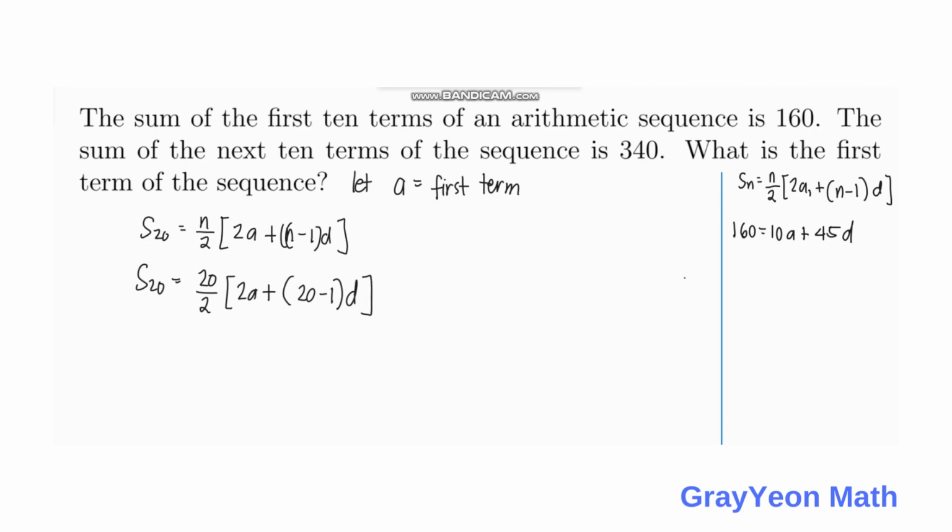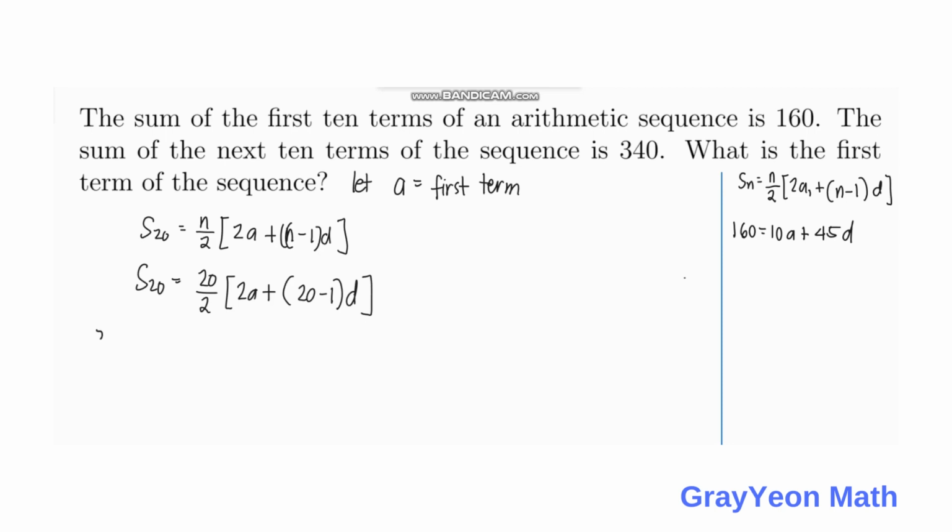But it is only given that 340 is the sum of the next 10 terms, that is, the 11th term to the 20th term. So we need to add 160 to get the sum of the first 20 terms.